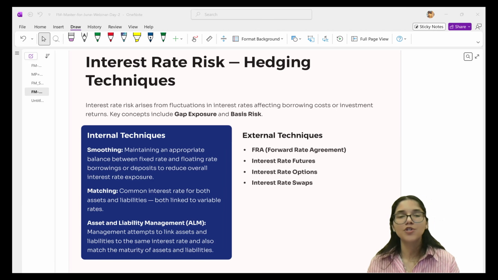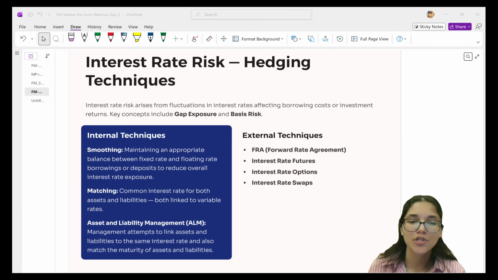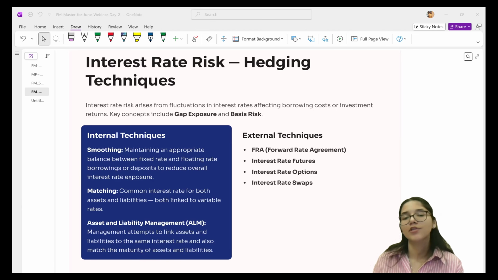But interest rate futures are traded on the exchanges, and because of that, we do not have any default risk, any counterparty risk in the futures. And for the options and the swaps, these are only for your perspective to understand conceptually how they work. No numericals will be tested from the options and the swaps.